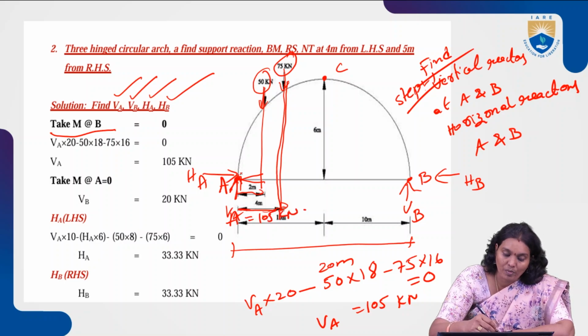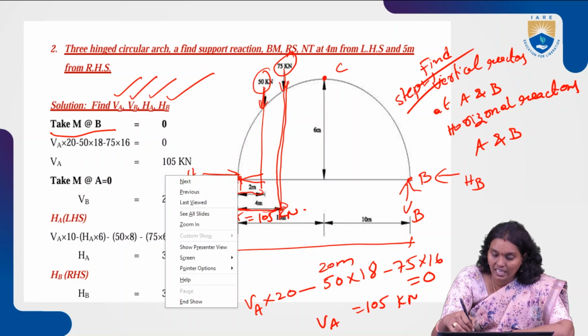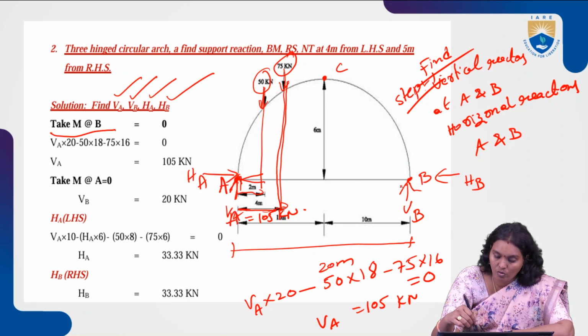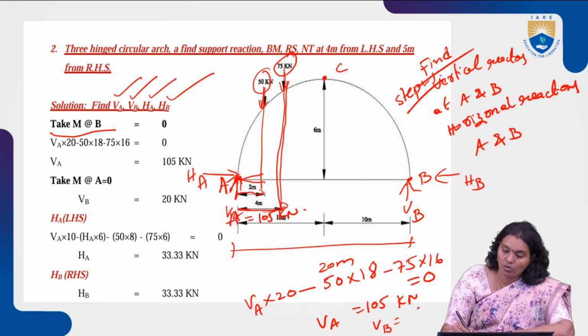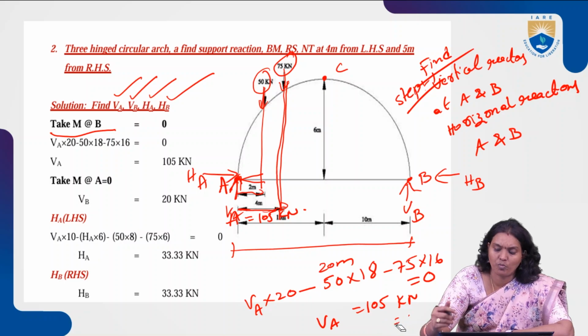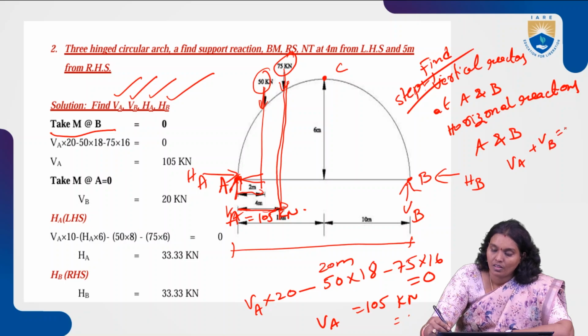Previously we took the moments at B, so we know the vertical reaction at A. Now, instead of taking moments at A, we know the total is equal to VA plus VB. So there is no need to take moments and everything.